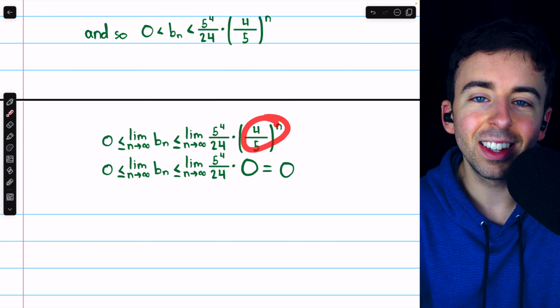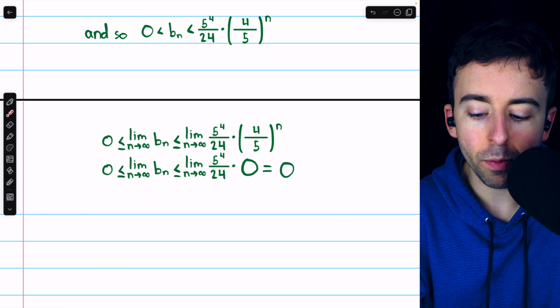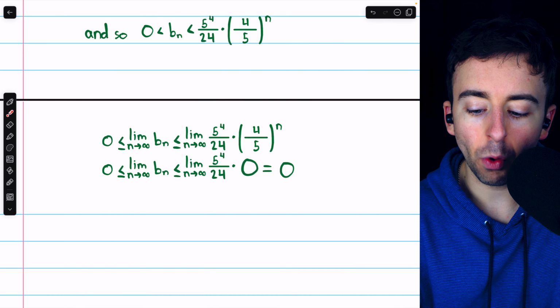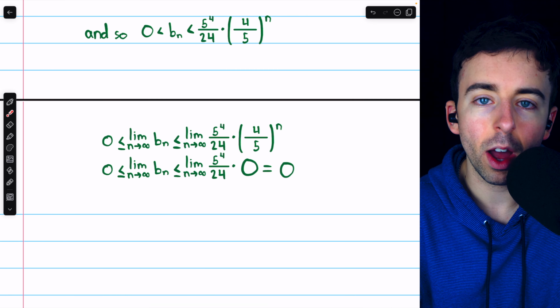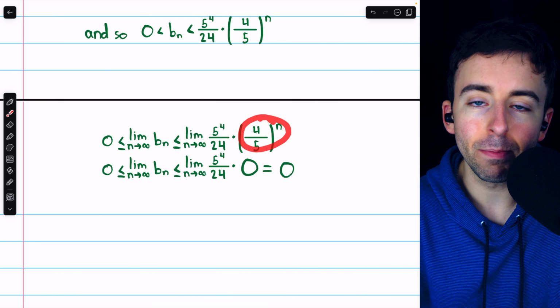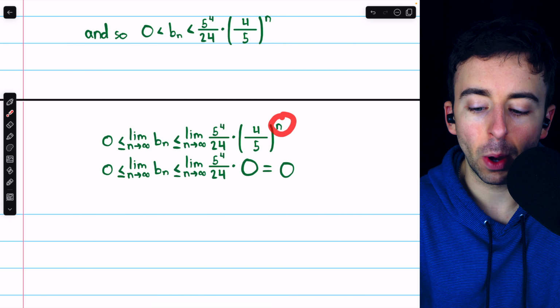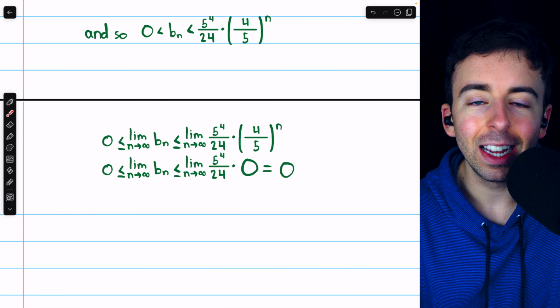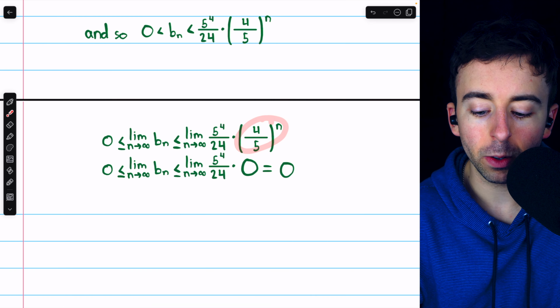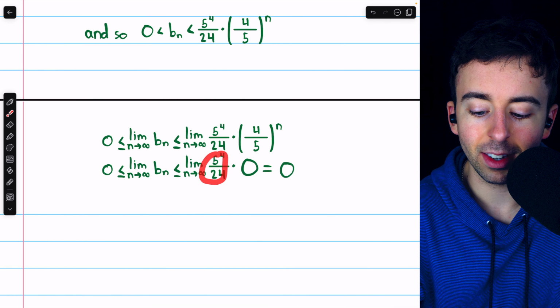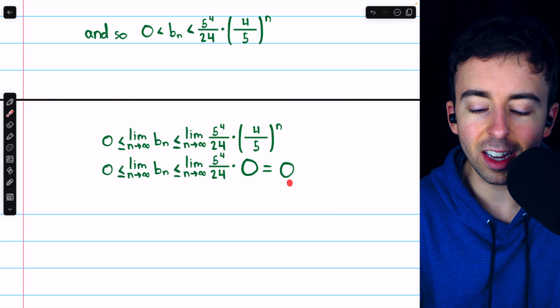But 4/5 to the n, that's going to approach 0, because 4/5 is 0.8. It has a magnitude that's less than 1. So when we repeatedly multiply it by itself, as this exponent gets arbitrarily large, it's going to get arbitrarily small. This approaches 0. So this is equal to this times 0, which is 0.